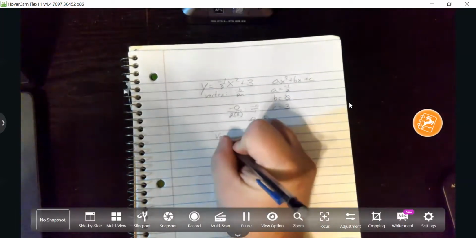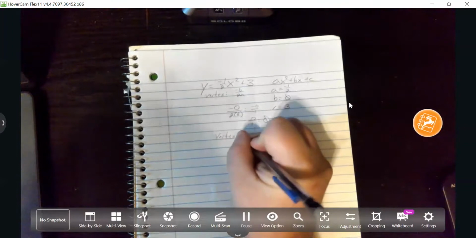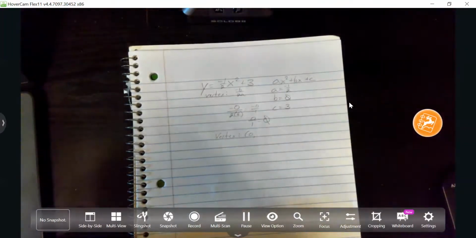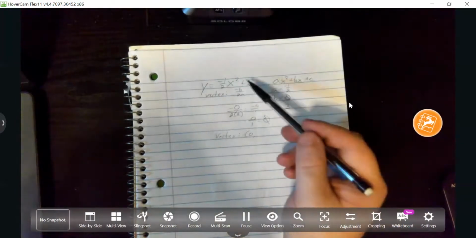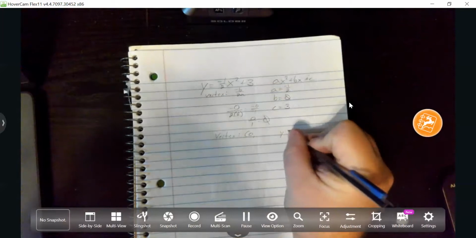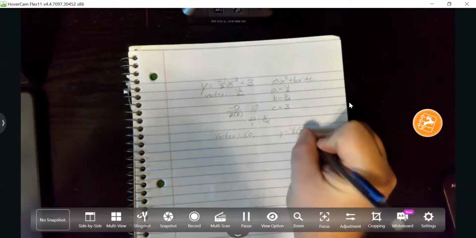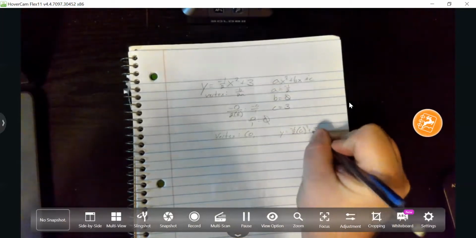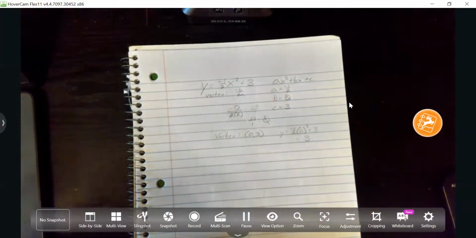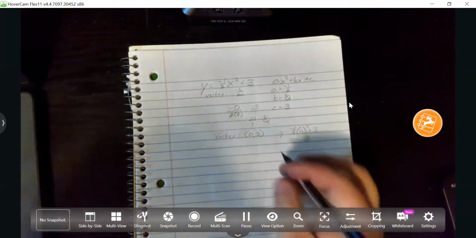Now I know my vertex is going to be 0 something, but I need to find out what that is. To find out, I'm going to plug that right back into the function. If I plug in 0 for x, it gives me negative 1/2 times 0 squared plus 3, and that's just 3. So my vertex is 0, 3. That's the first point I'm really going to plot on my graph.